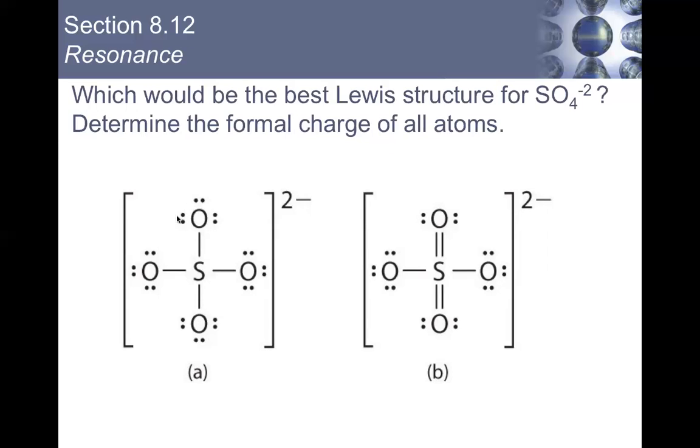How many does it have here? 4, 6, and half of this is 7. So that's a -1. -1. -1. -1.